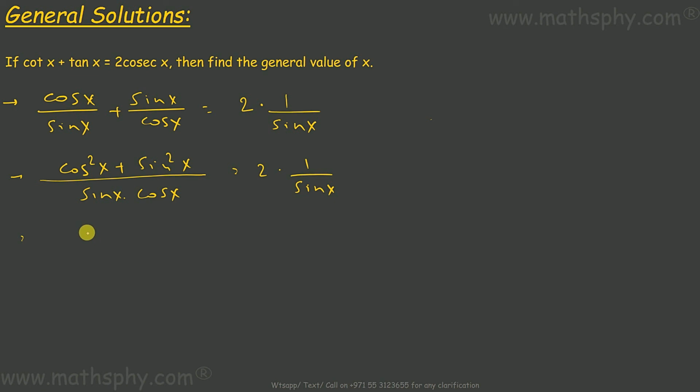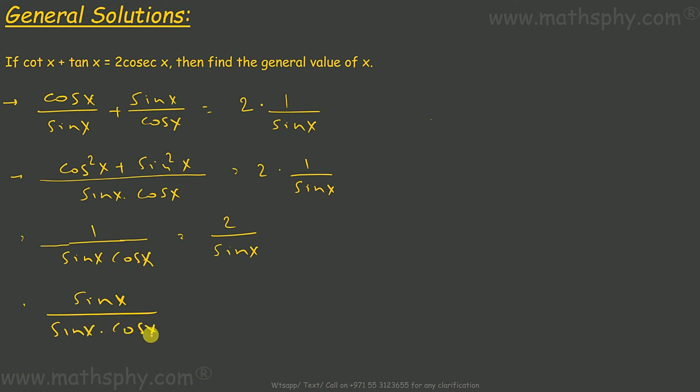This becomes 1, so 1 over sin x cos x equals 2 over sin x. Sin x goes this side, so this comes to sin x over sin x into cos x equals 2. It's cancelled. This comes to 1 over cos x equals 2. So cos x equals 1 over 2.